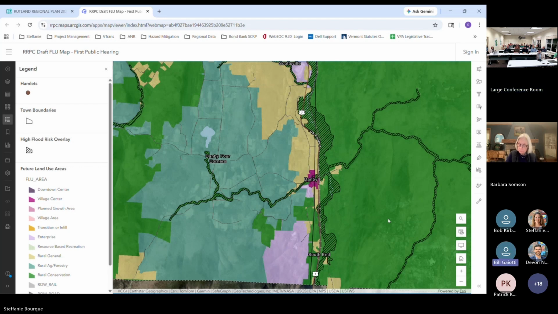Can you hear? Yeah, so Mount Tabor's 94% national forest. Correct. So by looking at this, we just want it to be a place where no one can develop anything.